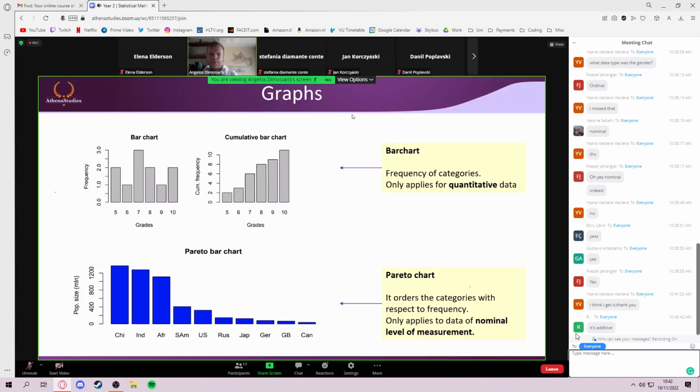Additive, perfect. Thank you. So here you have the cumulative frequency. Here we have the frequency of 5, and this is the frequency of 6, and this is the frequency of 7, and so on. But now here we add.